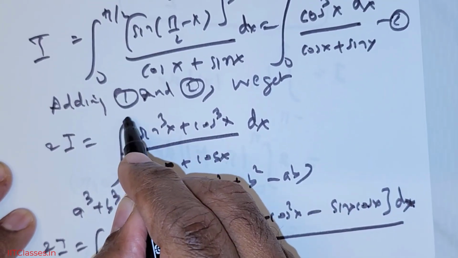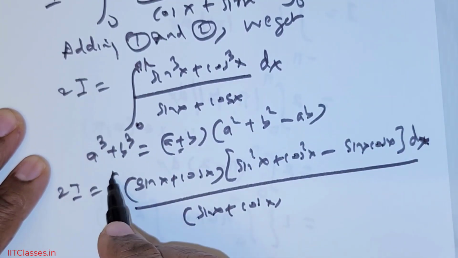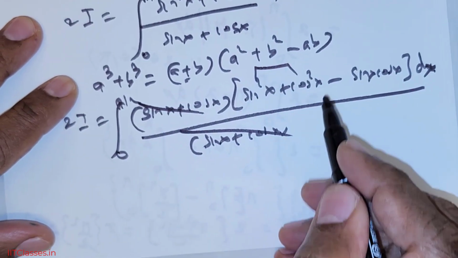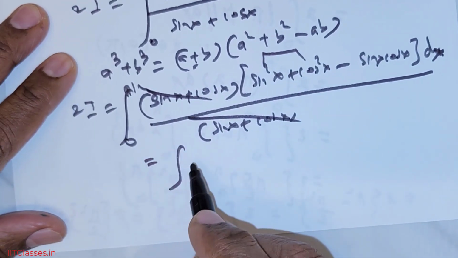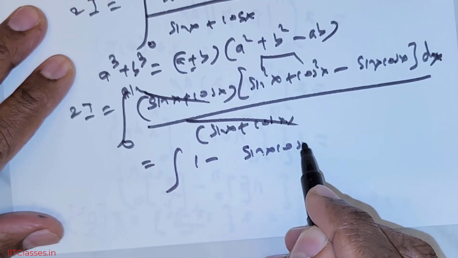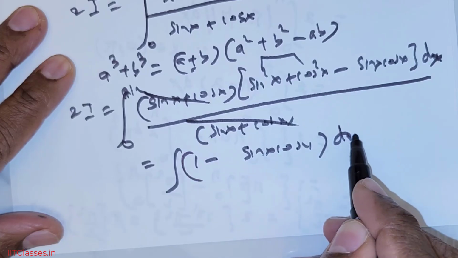The limits are 0 to pi over 2. So sin x plus cos x, sin x plus cos x cancel. These two added together will give me 1 minus sin x times cos x. This is what we got.